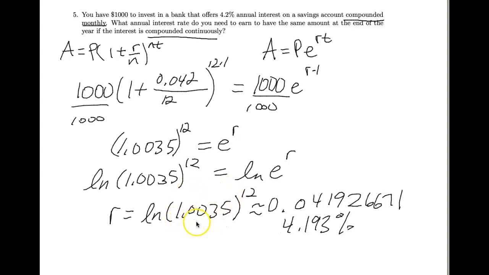Another comment on this problem as well is sometimes your expression here may not simplify nicely. And in those cases, what I suggest doing is leaving this whole answer as it is.